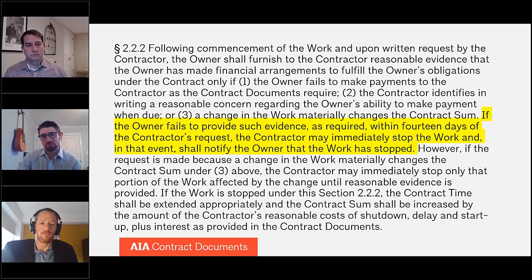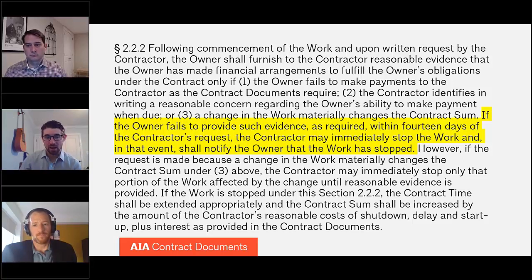If it's just a dispute as to whether the information is reasonable, like a banker's box or two of information, something legitimate, but maybe it's reasonable, maybe it's not, I think that is more along the lines of a claim, and the contractor has an obligation to continue its work.